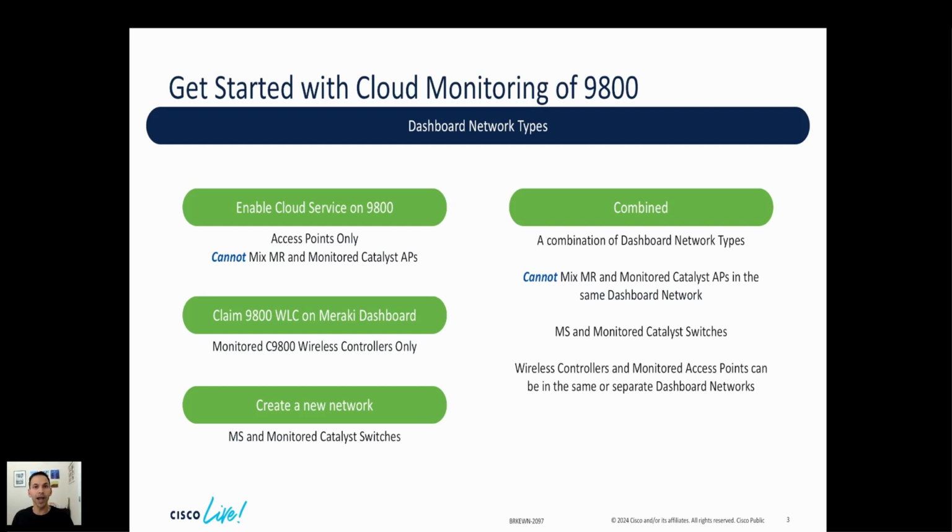The unique ID that is being created, we have to claim that over the 9800 wireless controller, add to an existing network or create a new network, and then from there we can either add those access points onto the same network as the 9800 wireless controller, or create a separate network for access points based on their site tags. Let's understand some of the things that can be done and cannot be done.